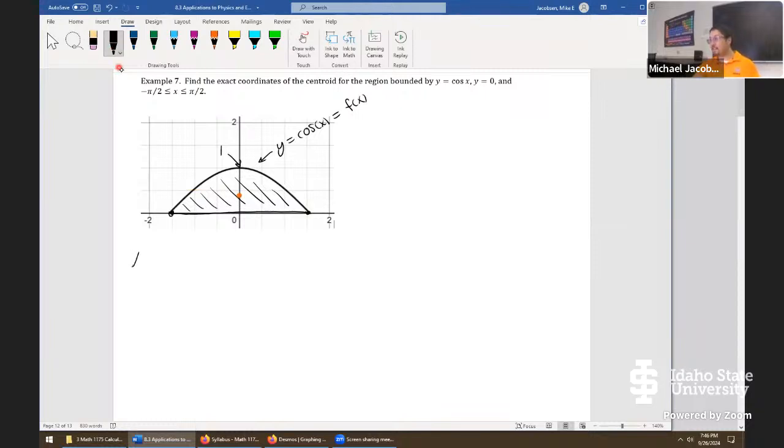First, we calculate the area. That is an integral from these bounds, negative pi over 2 to positive pi over 2. We're integrating the function f of x, which is cosine x. But you know what? You can make this integral even simpler.